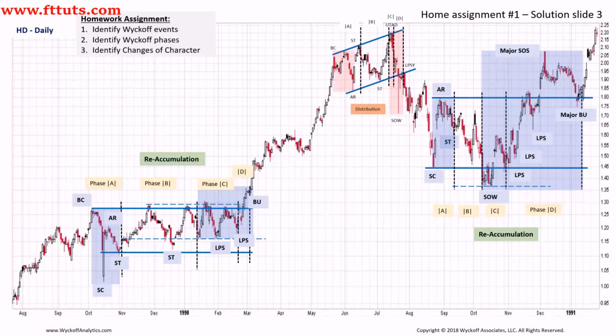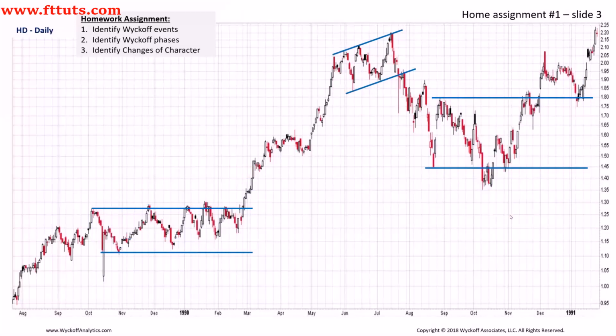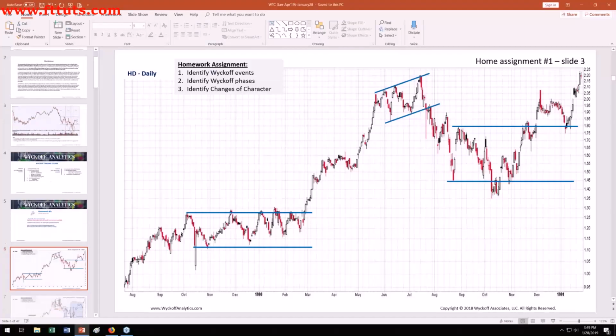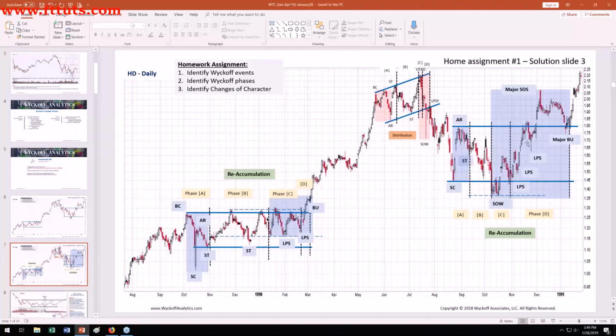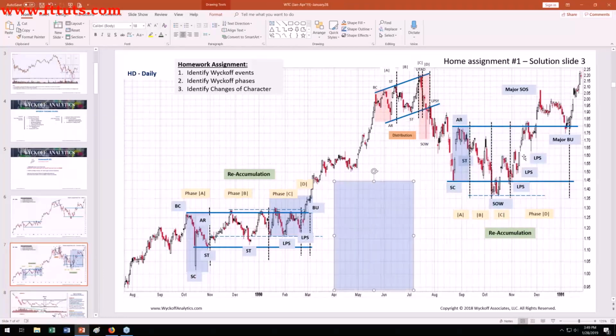Let me just correct this. I think this was a slide that I worked on afterwards, and I defined phase C as this one right here. So this becomes a sign of weakness in B, and then this is phase C. So that makes sense. Okay.